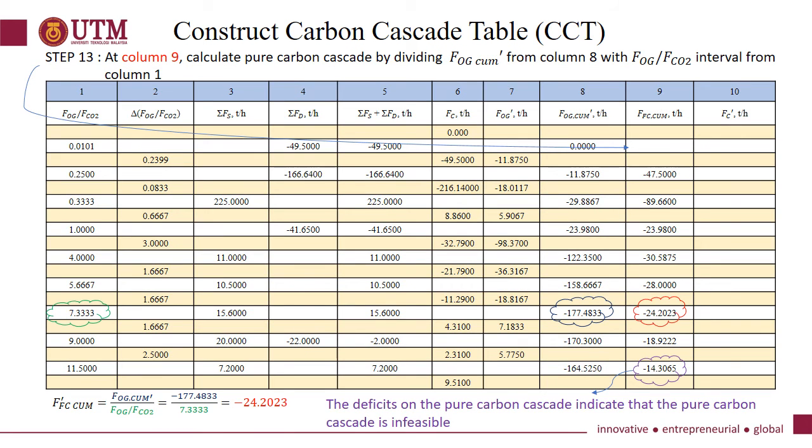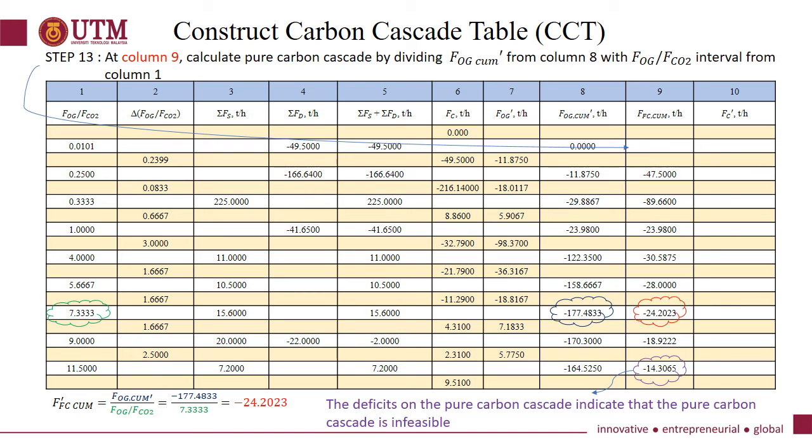Next, we will start calculating pure carbon cascade at column 9 by dividing cumulative FOG from column 8 with the FOG over FCO2 interval from column 1. For better understanding, let's take one of the calculation steps of column 9 as an example.